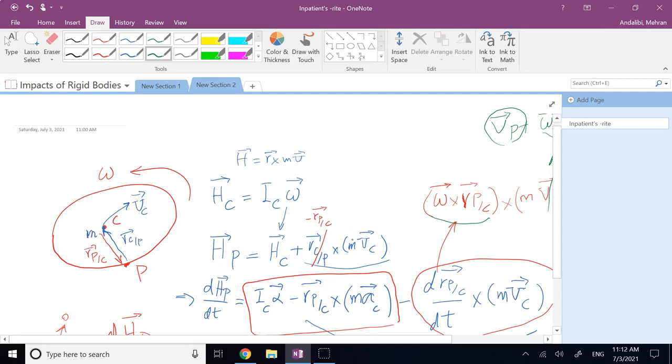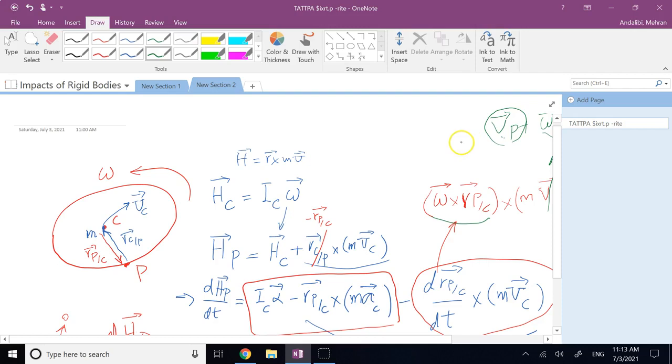So this is using some assumption. During the impact, can I say that the contact point is momentarily, it doesn't need to be all the time, and it's not a permanent fixed point, can I say momentarily the contact point comes to a rest? When two objects hit each other, can I say momentarily that the contact point is stationary?